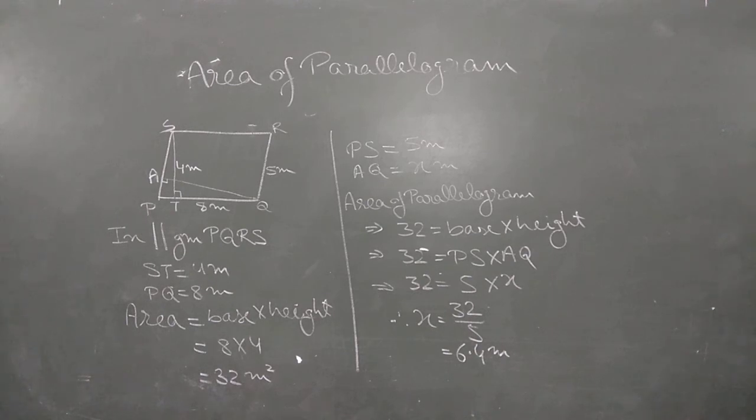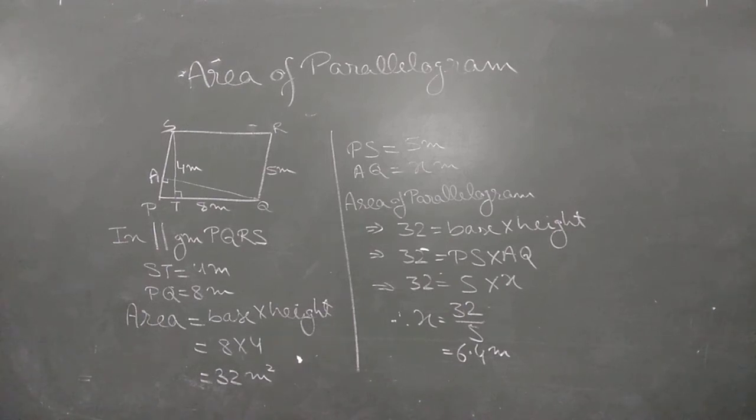But in this case the corresponding base is also changed. Corresponding base is your PS. So PS into AQ gives you the area of parallelogram, which we already found from the last calculation.